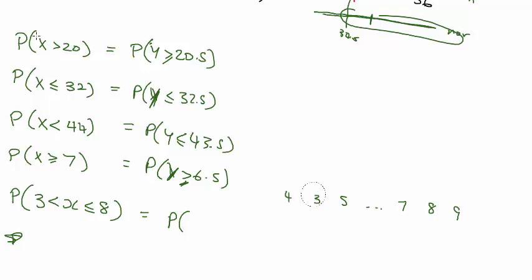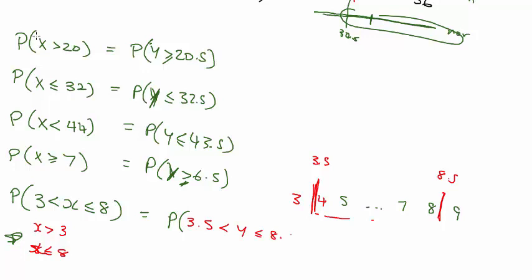This is like saying X is greater than 3 and X is less than or equal to 8. So you'd want it this side. Think about your 3.5 going all the way to 8; you do want to include 8, so it's 8.5. So this will be the same as saying Y between 3.5 and 8.5, and you could do the normal distribution with those as your lower and upper.